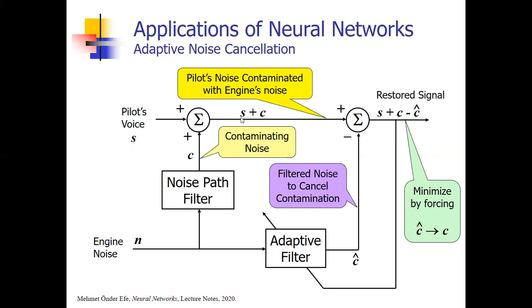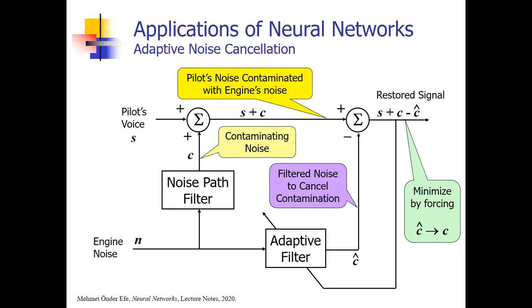That voice is shown by S plus C, okay? This engine noise is filtered by the physical structure of the aircraft, and the filtered signal is denoted by C. That C signal reaches the microphone of the pilot, and when the pilot speaks, S plus C is processed by the electronic component of the aircraft, okay?